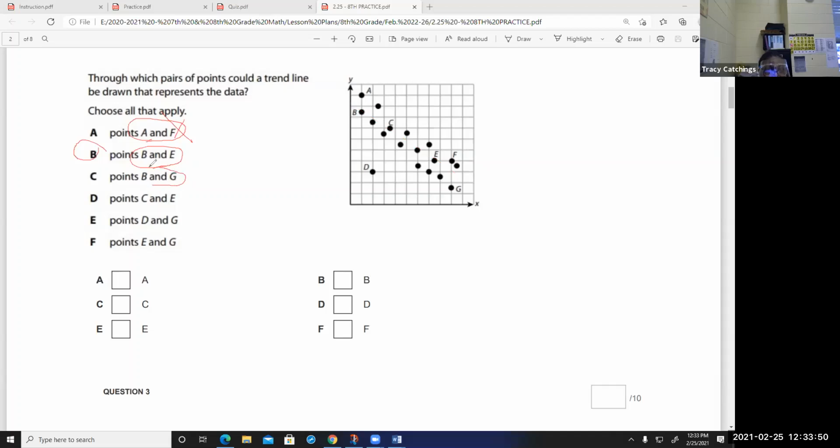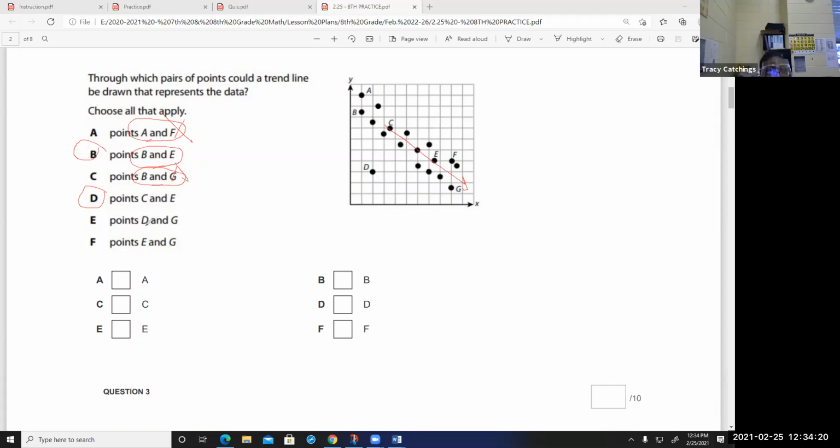All right, then they asked us about B and G. All right, clearly, all of them are pretty much above it. All right, next they asked us about C and E. Okay, she said, yeah, it almost looks like it's in the middle.